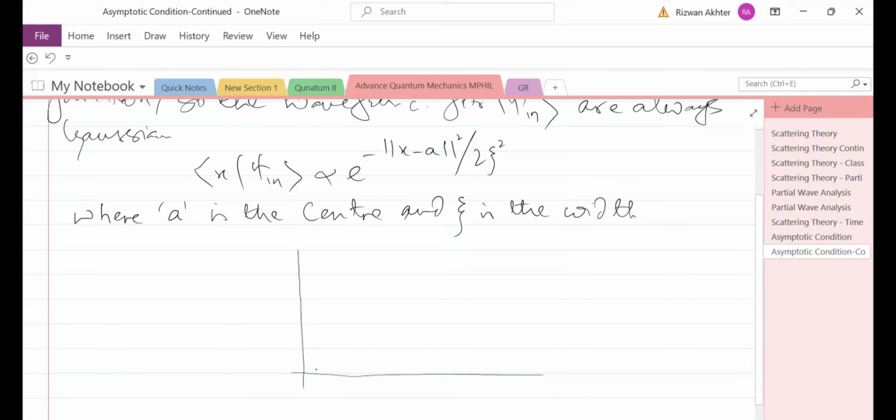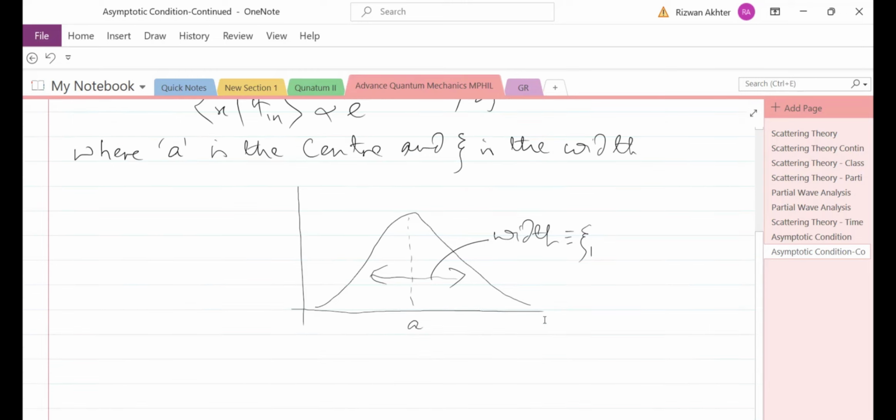So this is a, the center, and this is the width, which is xi. This is the Gaussian function.